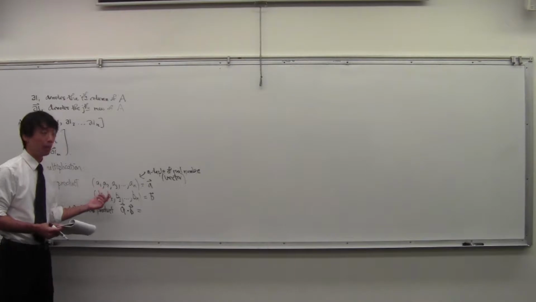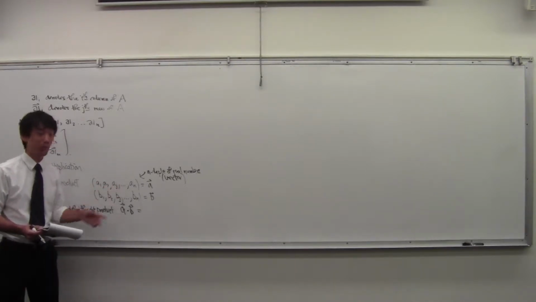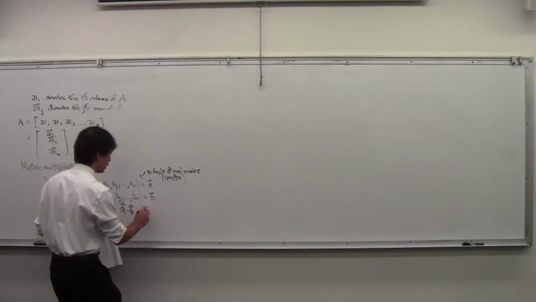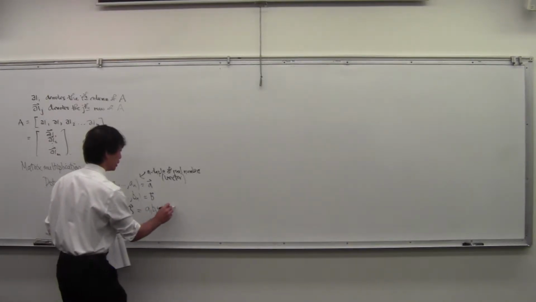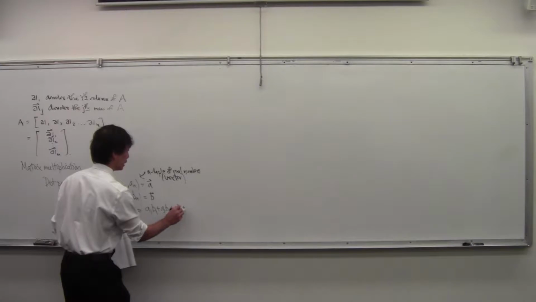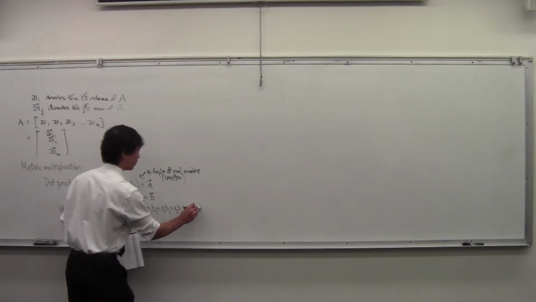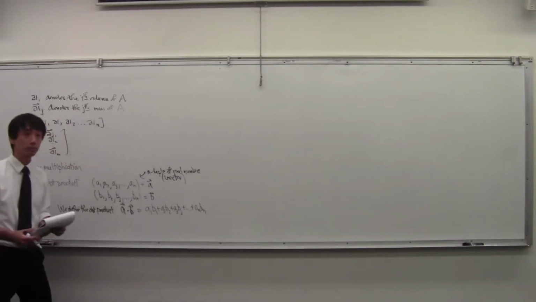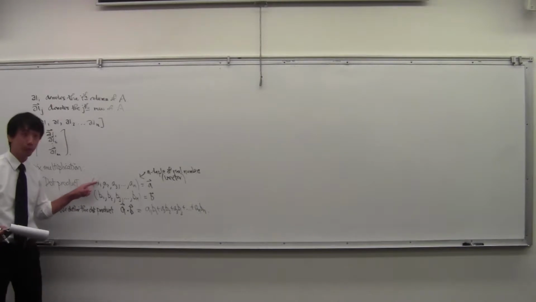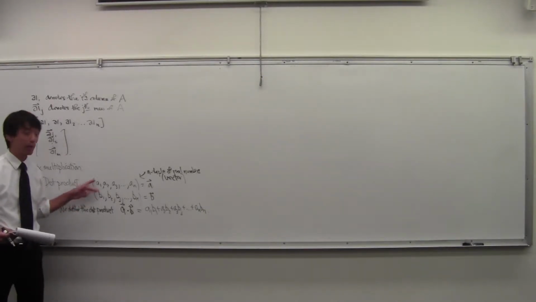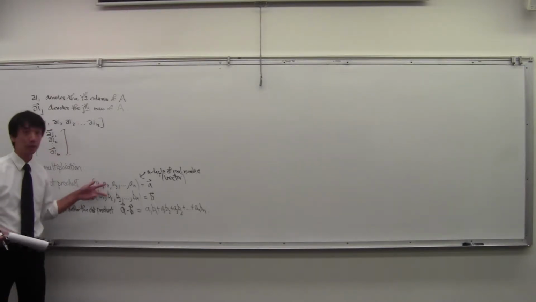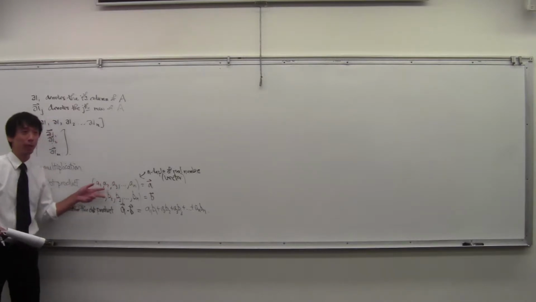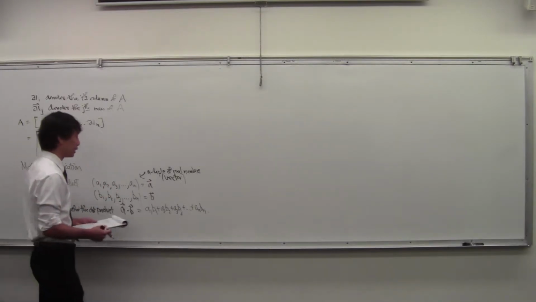That number is a1 b1 plus a2 b2 plus a3 b3 plus ... plus an bn. You multiply the corresponding entries, you get n products, and then you add them all together. That's called the dot product.